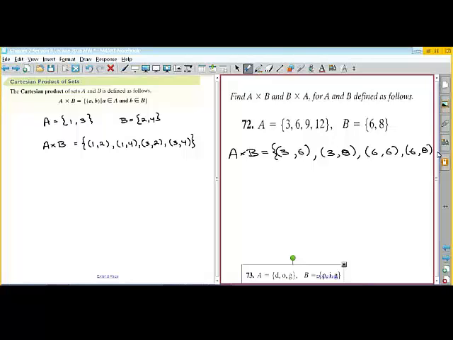So 6 and 8, and then we go to 9, the next number. So the first number is 9, the second number is 6 and 8. And then finally we take the last number in the first set, which is 12, and again 6 and 8. And that's the answer.